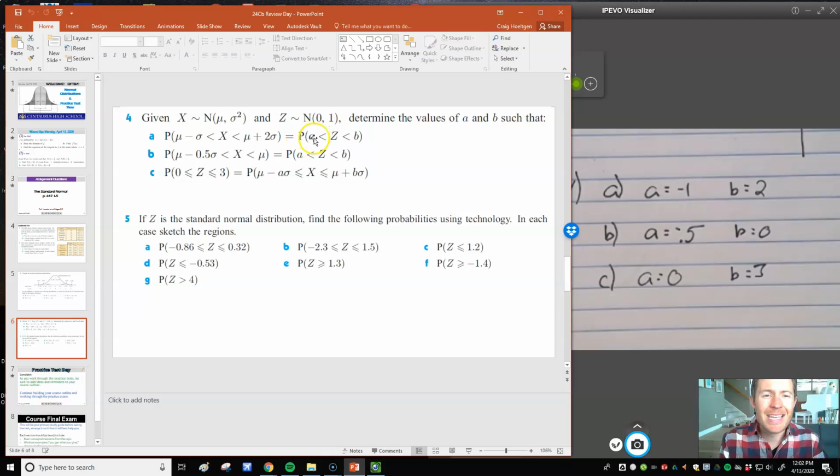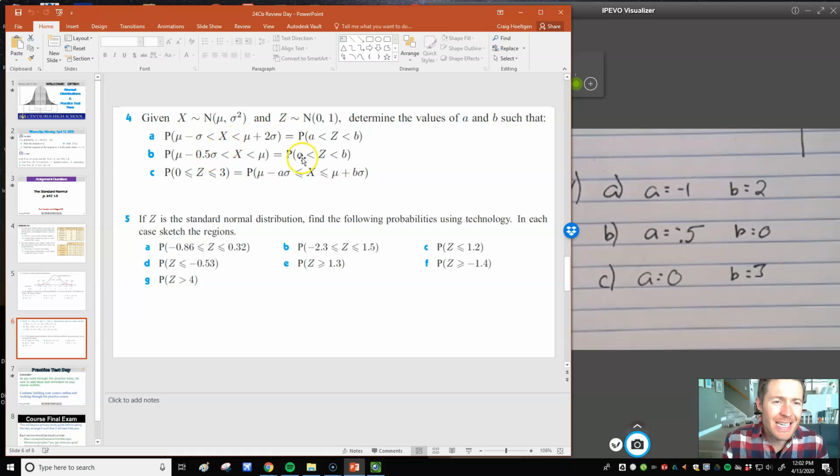So here, A is -1. This one is the mean plus 2 standard deviations, so 2 standard deviations above the mean. What Z value corresponds with that? Well, Z of 2 means 2 standard deviations above the mean. So here, B is 2. -1 and 2. I have the answers over here also. Here, this is saying half of a standard deviation below.